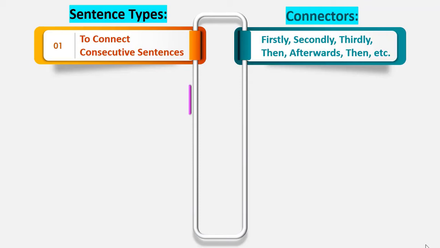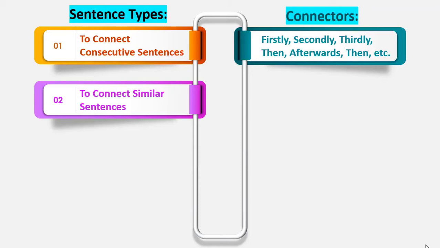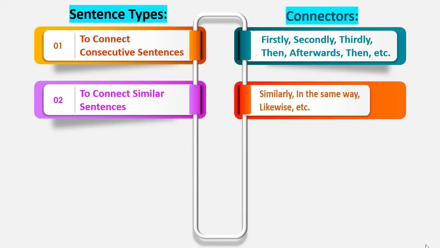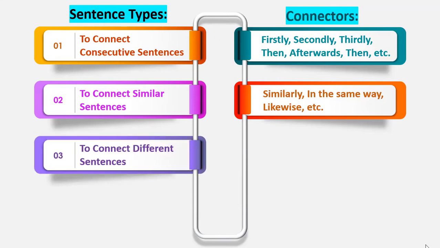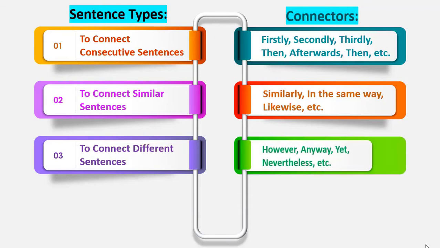Rule number 2. To connect similar sentences, and the connectors are similarly, in the same way, likewise, etc. Rule number 3. To connect different sentences, and the connectors are however, anyway, yet, nevertheless, etc. Rule number 4.